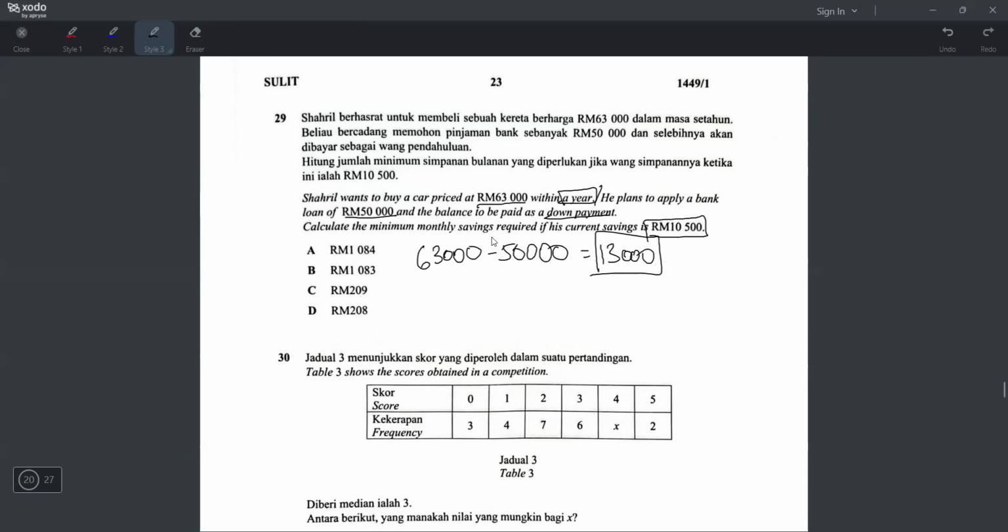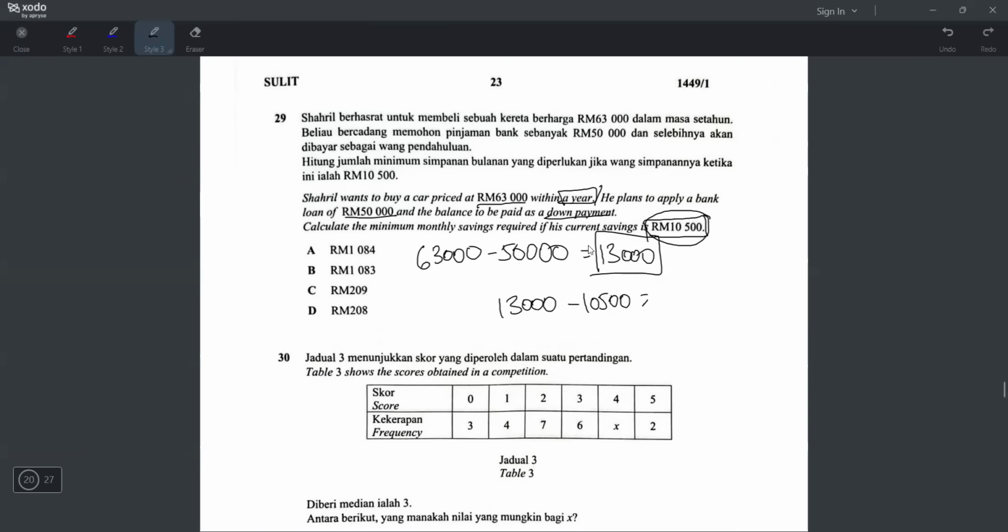Okay, calculate the minimum monthly savings required if his current savings is 10500. Okay, if his current saving is already this, then berapa lagi yang dia kena save? Okay, 13,000 tolak dengan 10500, dapatlah. Alright, berapa? Let me press 13,000 minus 10,500.